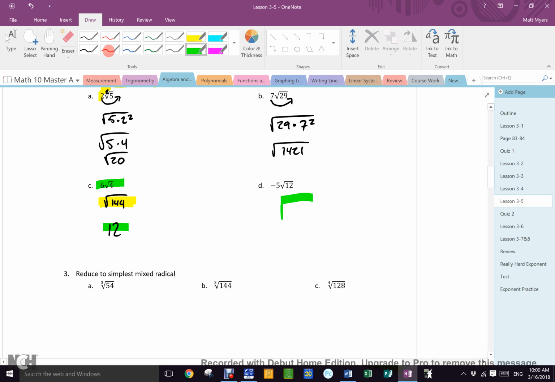Root 300 with a negative in front. Perfect. Absolutely right. Because is that negative part of what came out from under there? No, it can't be, because you can't bring a negative out from under there in a square root situation. Everybody understand? Just like in exponents. Right? There's no bracket.